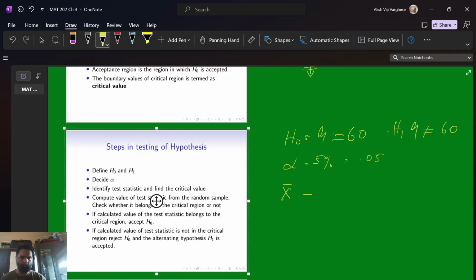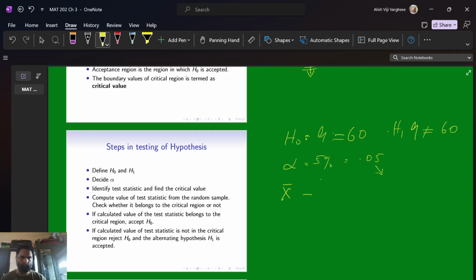Only after that, we move on to pick a random sample from the population, calculate the statistic, find the value of the statistic and identify the critical values based on the significance level and the distribution of X bar, or the statistic.